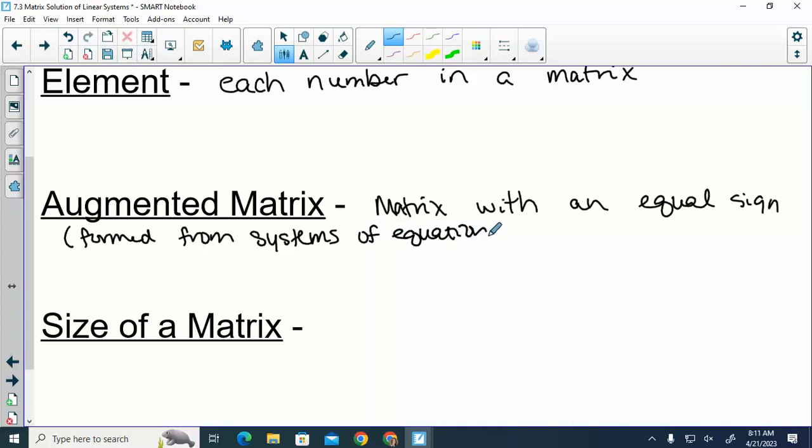So in this section, when we talk about a matrix, we will be looking at augmented matrix because we are looking at systems and putting them into a matrix. In a matrix, to show an equal sign, you actually just do a vertical bar. So this vertical bar is the equal.